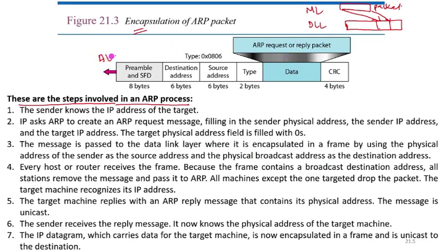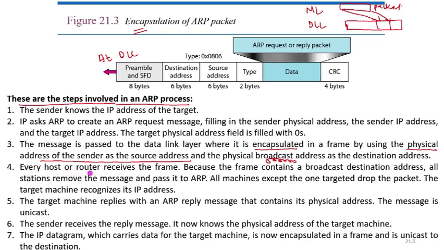It will be encapsulated in a frame using the physical address of the sender as the source address, and the physical broadcast address as the destination. The physical broadcast address will be all ones, so it will be the broadcast address for the destination.